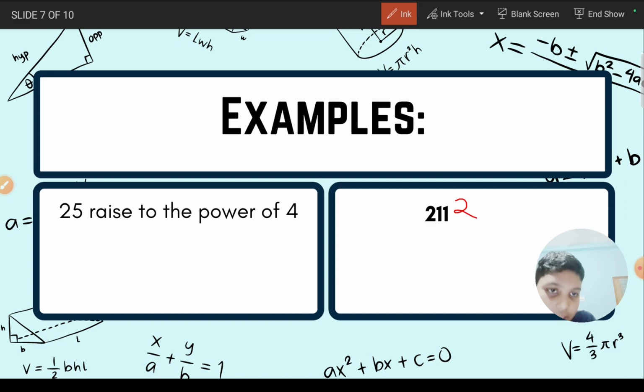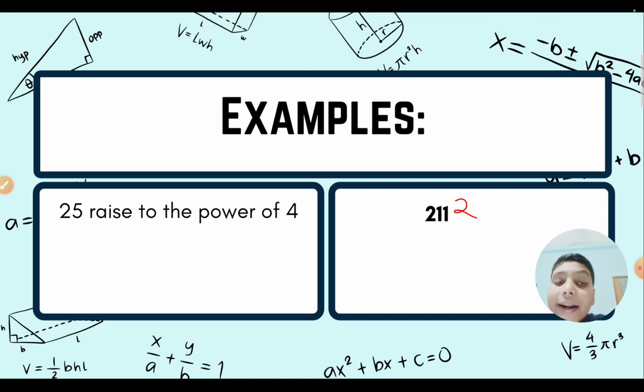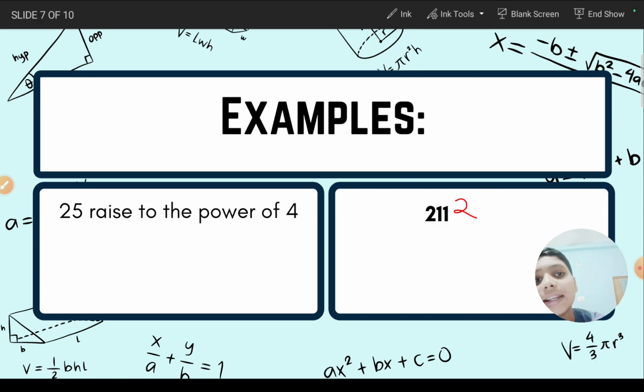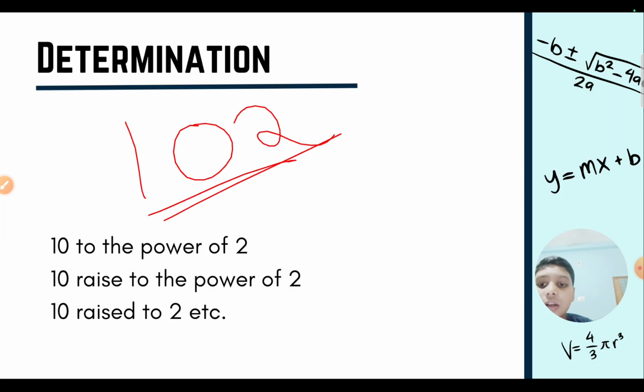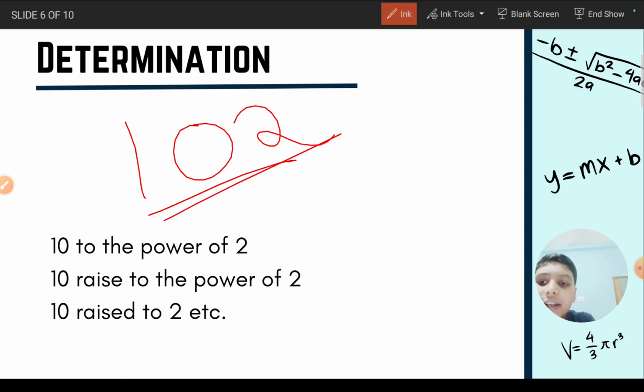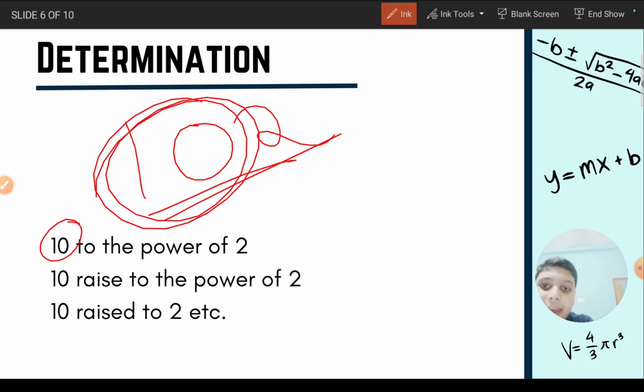25, here 2 is there. 25 raised to the power of 4. Now I will be telling you one easy method, a master trick. First see the first number, 25. In all the previous cases, the number that was in the base was in the beginning.